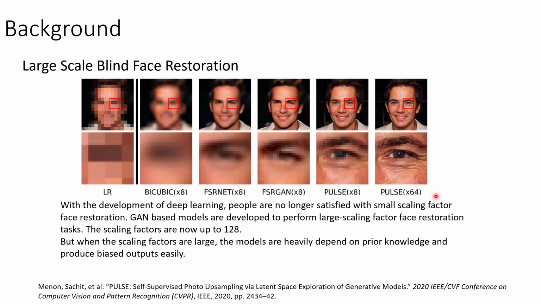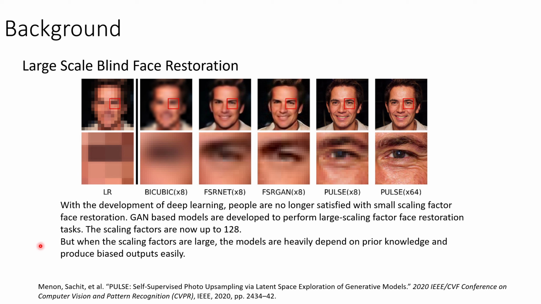In this case, I use PULSE, and you can see that PULSE is able to restore the man's face from a very low definition version. You can see that the detailed eye, his eyeball, and even some wrinkles are resolved from like 9 or 12 pixels, and that's amazing and unbelievable.